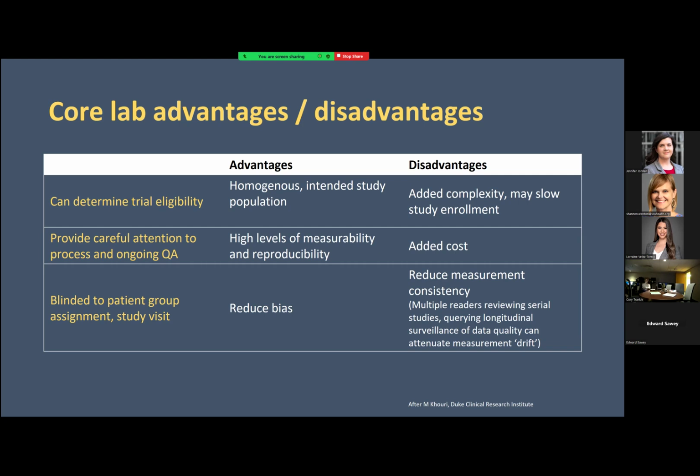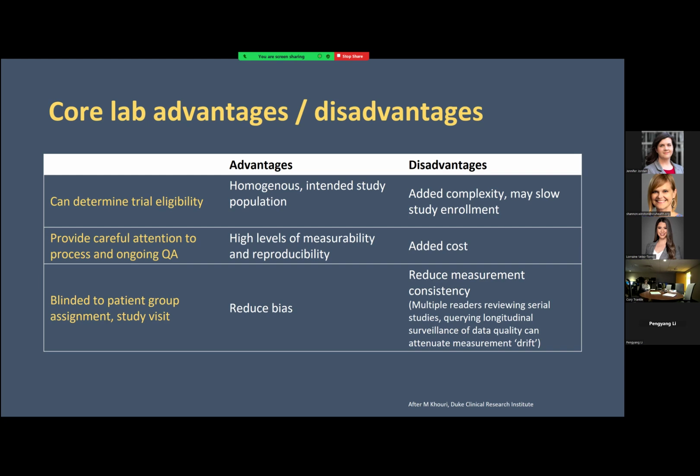Careful attention to the process and our ongoing quality assurance gives us high levels of measurability and reproducibility, but you've got to pay the bills, and so it does come with a cost to the study.